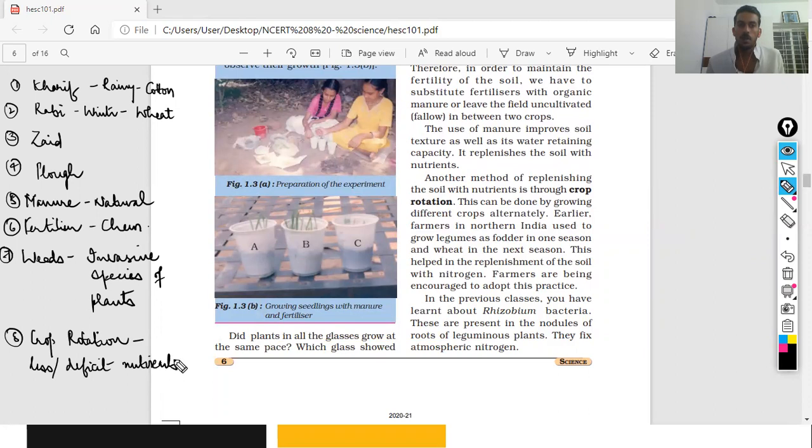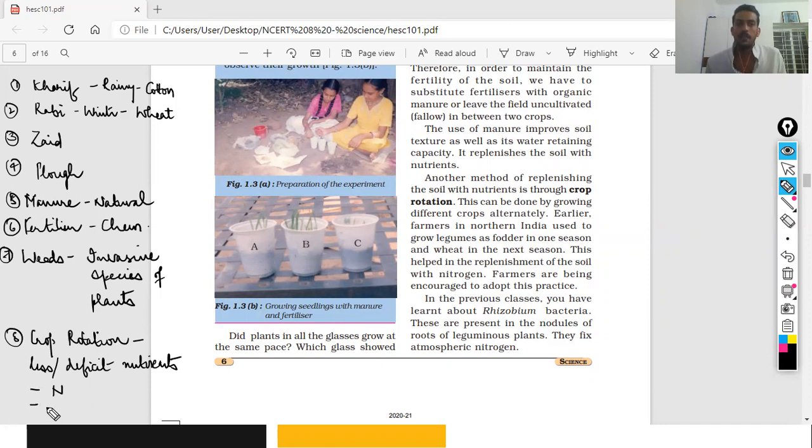One of the most important nutrients that goes deficit is nitrogen. Notwithstanding nitrogen, other elements also get depleted because the soil is giving all of its energy to the crop, right? It is the reason why we come up with the practice of crop rotation.